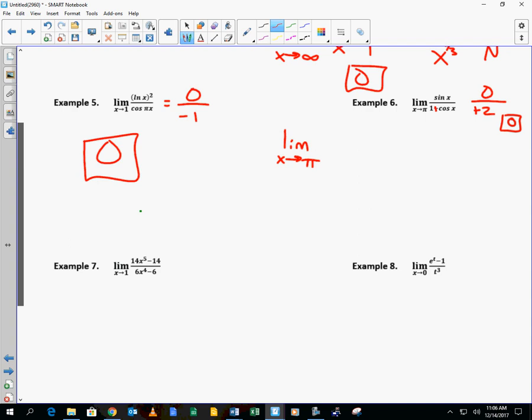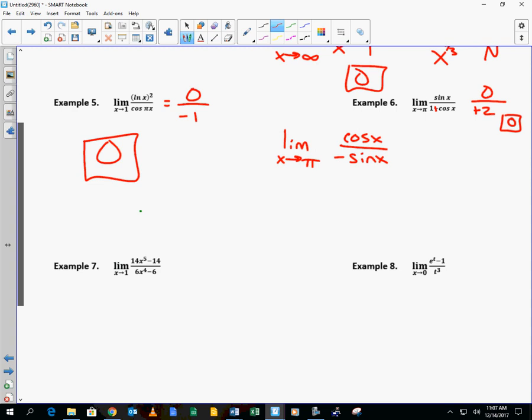of, what's the derivative of the top? Cosine. What's the derivative of the bottom? Instead of rewriting a whole new example, I'm just doing 2 of them. So, derivative of positive cosine is negative sine of x.